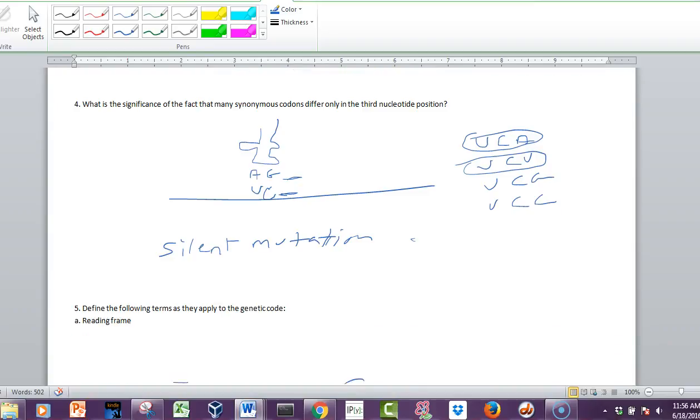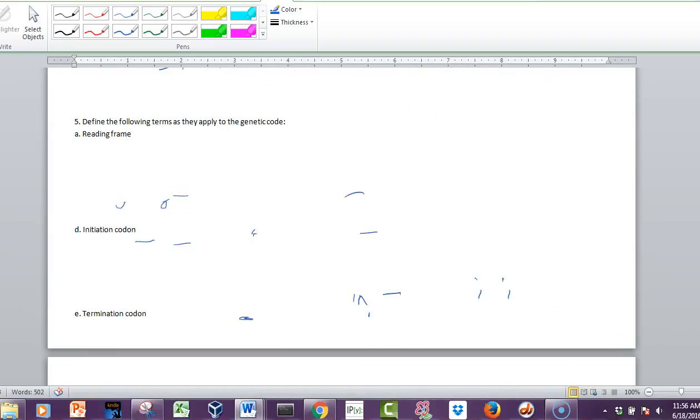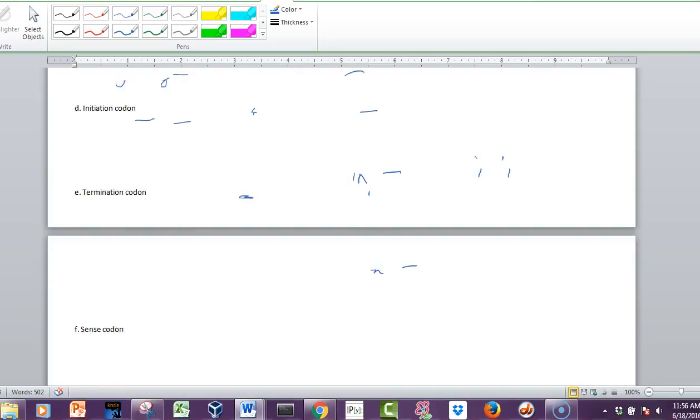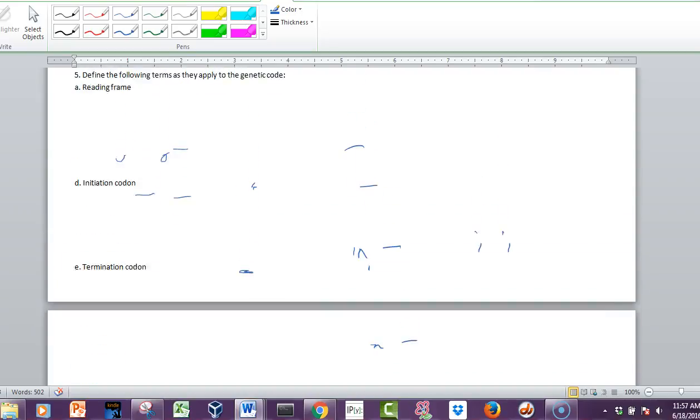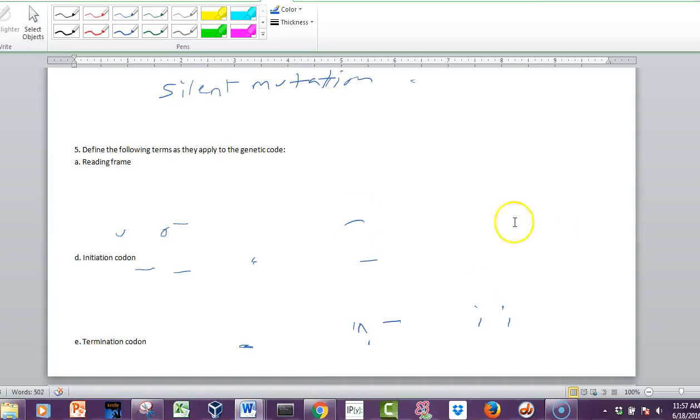So chapter 15 is mostly about the genetic code and translation. And for some reason, when I write on these things, this kind of stuff happens. Alright, so this is just asking things about the genetic code.